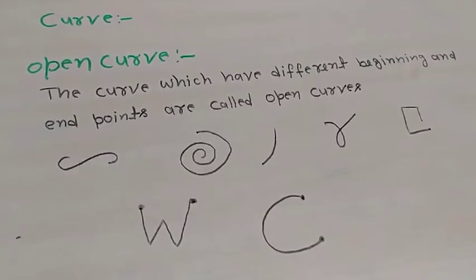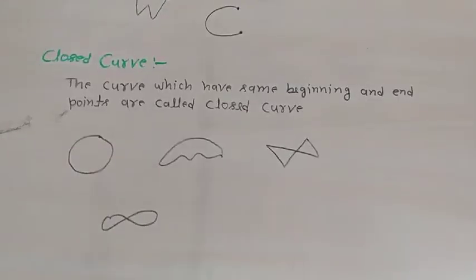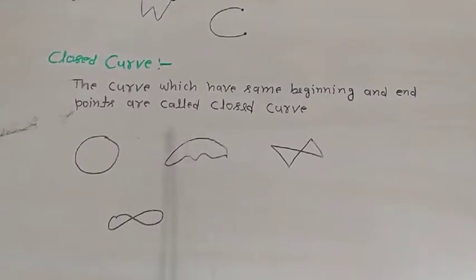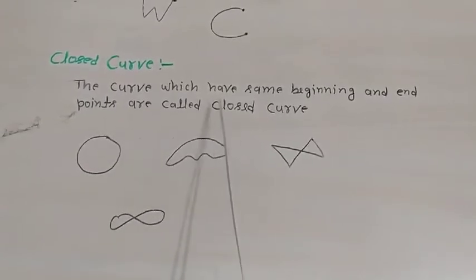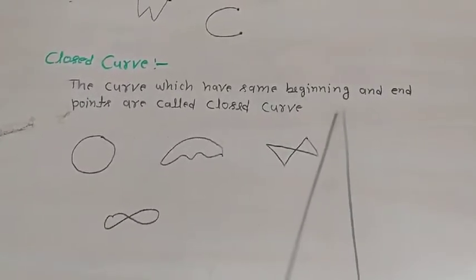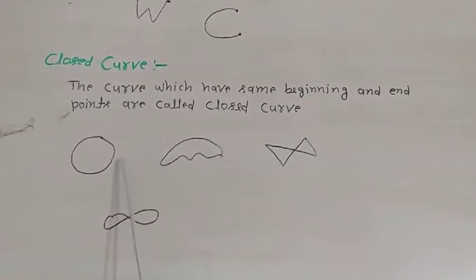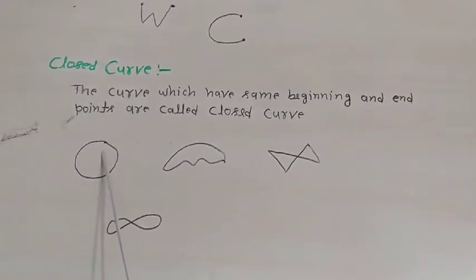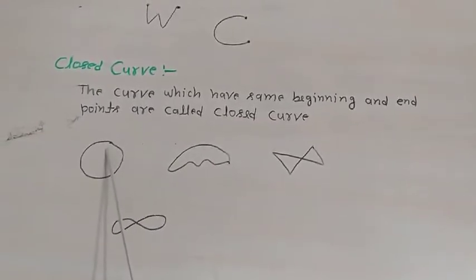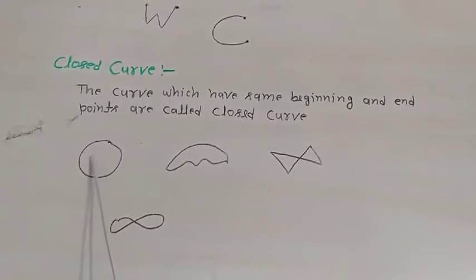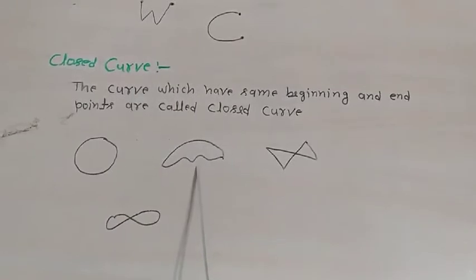Now we are going to discuss closed curves. This is a closed curve. The curves which have the same beginning and end points are called closed curves. For example, you can see here, this is a closed curve because its beginning point and end point are the same. This is also a closed curve.